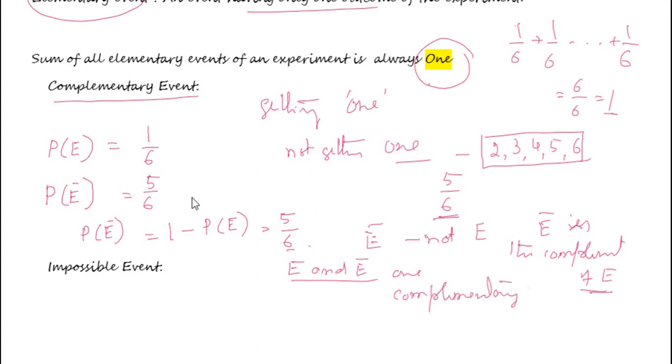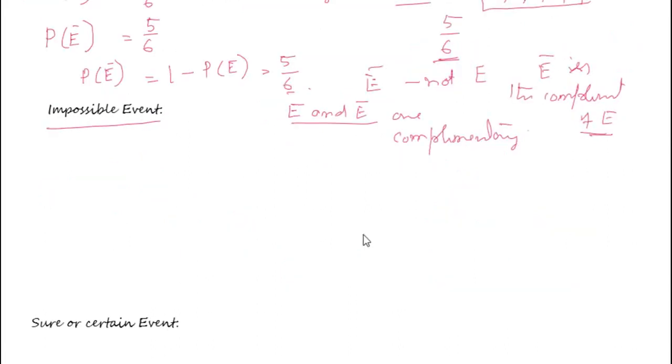If you know one, you can find out the other one by subtracting that from 1. Impossible event. Again the same experiment.